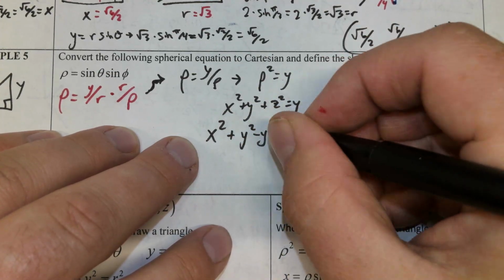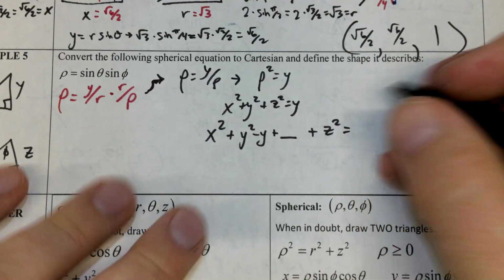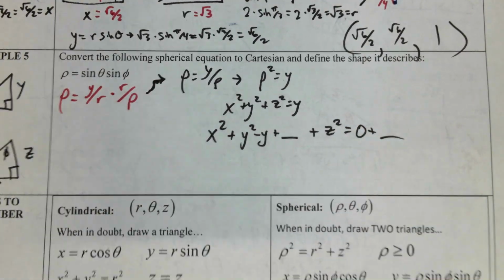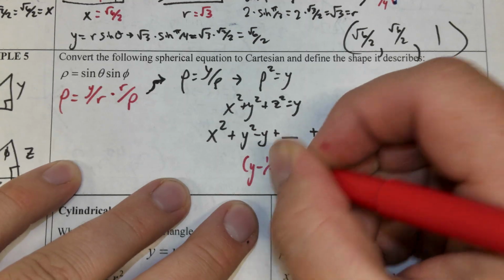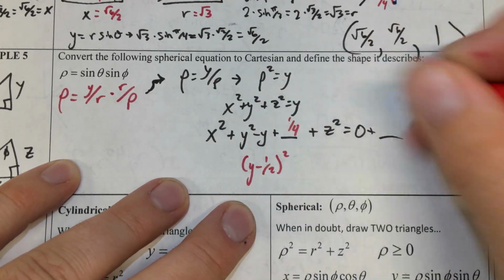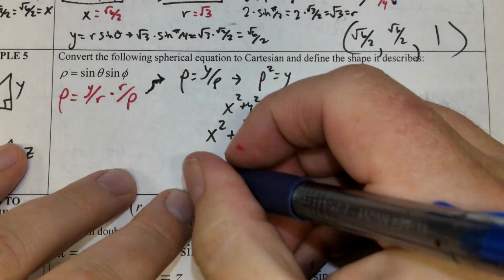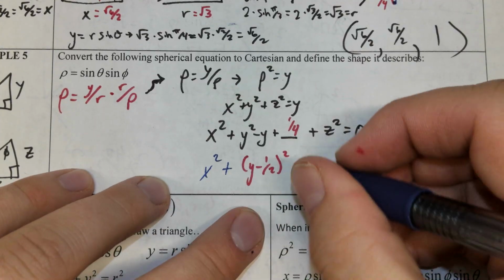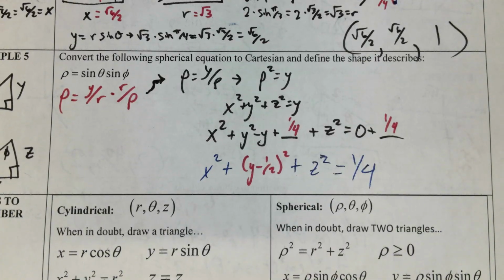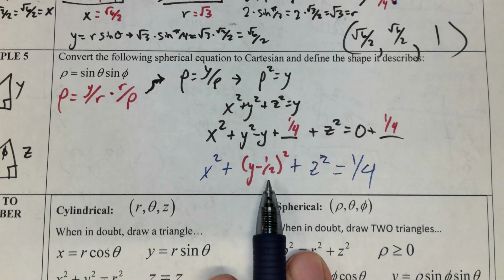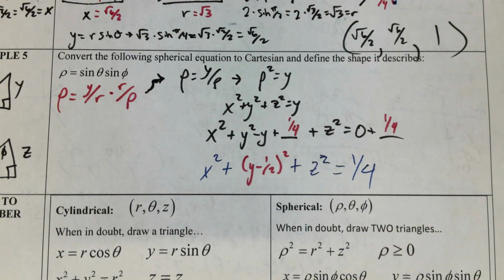Why wouldn't you complete the square and make it pretty like you know it should be? The only thing is this is a y minus 1/2. It's not a nice one. So I get x squared plus this plus z squared equals 1/4. Again, this is a sphere. It's centered at 0, 1/2, 0 with a radius of 1/2.